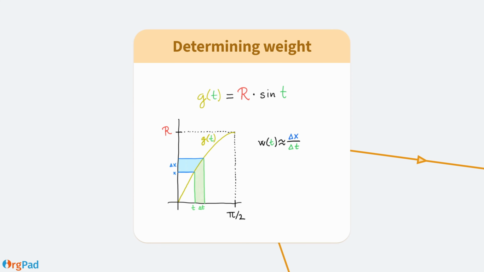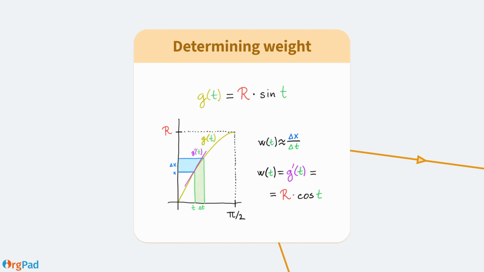Can you recognize this ratio? It is the most important ratio in all of calculus, describing how much g changes around t. It is called the derivative of g. So the weight w is the derivative of the substitution g. In this particular case, the weight w of t is equal to r times cosine t.